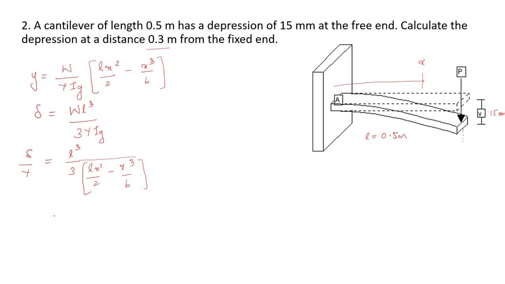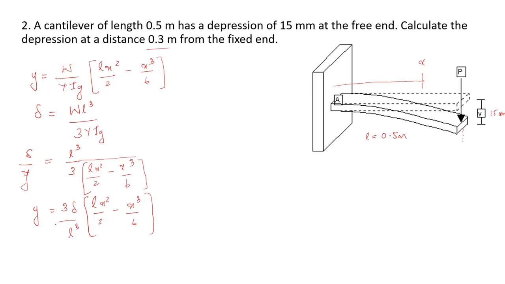Now we can rearrange and find an equation for y. When we rearrange, y will be equal to 3 delta L x squared by 2 minus x cube by 6, divided by L cube.